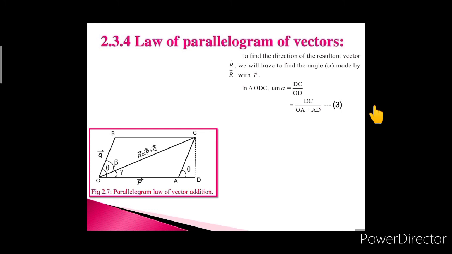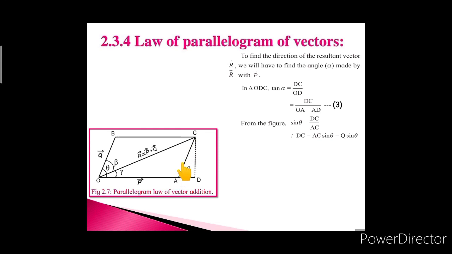And also we have to find out the value of sine theta from the figure. So over here sine theta is nothing but opposite upon hypotenuse. The opposite side is DC and hypotenuse is AC. So we can write from the figure sine theta is equal to DC upon AC. And hence we can write down the value of DC as DC is equal to AC sin theta.